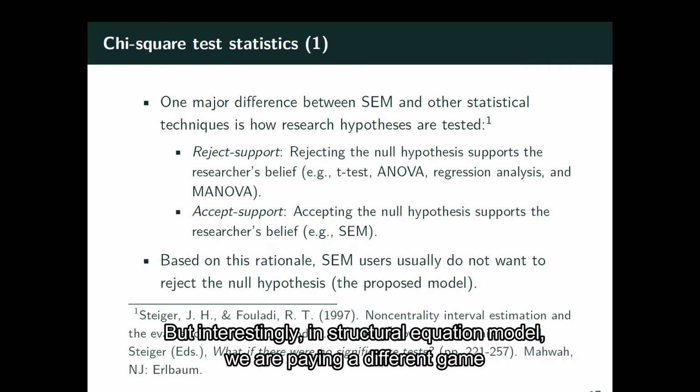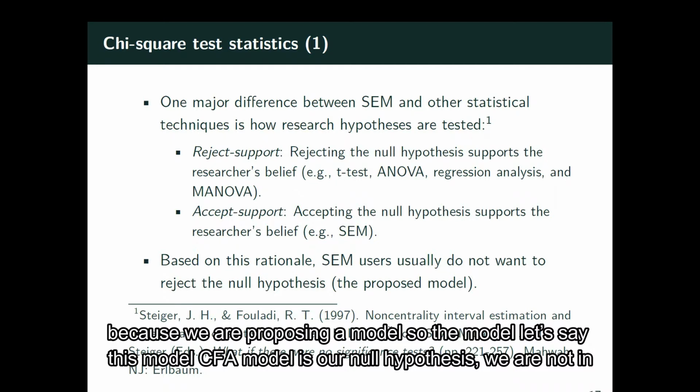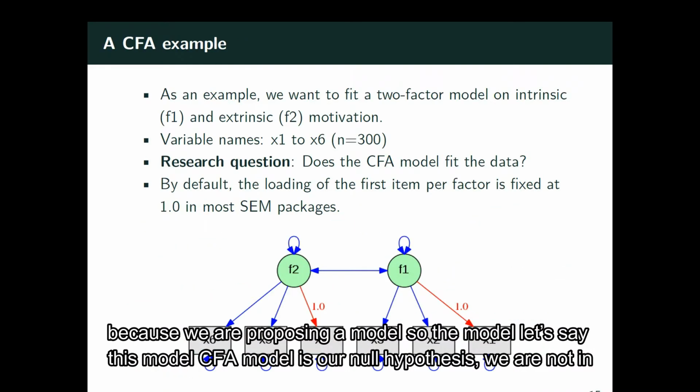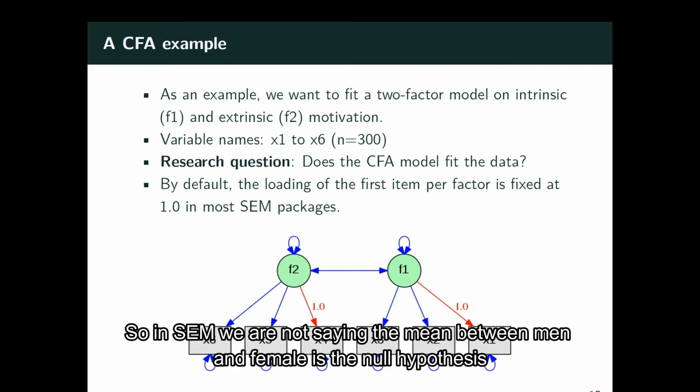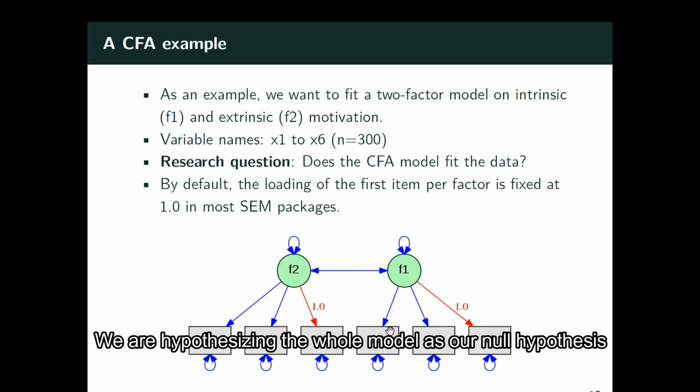But interestingly, in structural equation models, we are playing a different game because we are proposing a model. So this model, let's say a CFA model, is our null hypothesis. It's a bit difficult for someone who is not familiar with SEM. In SEM, we are not saying the mean difference between male and female is the null hypothesis. We are hypothesizing the whole model as our null hypothesis.